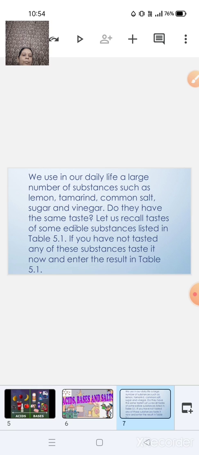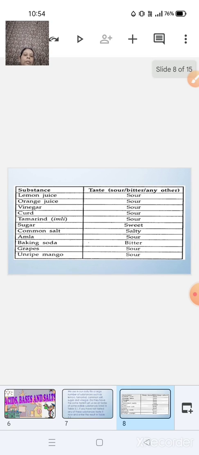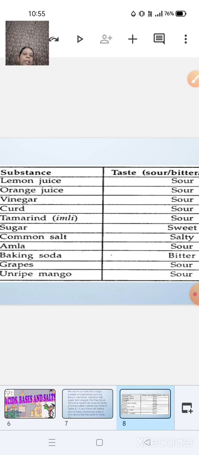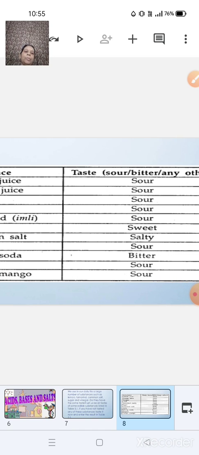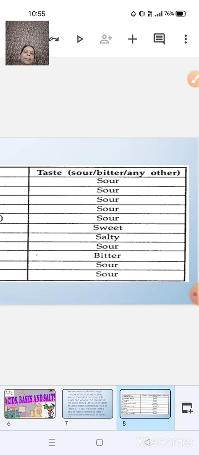If you have not tasted any of these substances, we should try not to taste food that we have not tasted before. So here is a table for you to fill in, using the substances that we consume in our day-to-day life, along with their taste, that means whether they are sour, bitter or have any other taste.